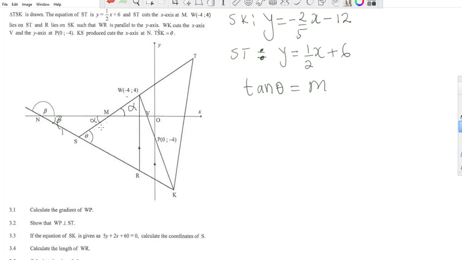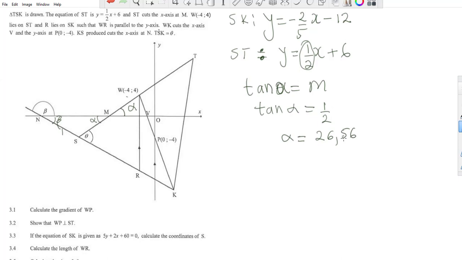We start with ST. This is the gradient of ST. So tangent alpha, that is in the formula. Tangent alpha will be equal to 1/2. So therefore the angle will give us 26, if you shift your calculator, I think you'll find something like this.